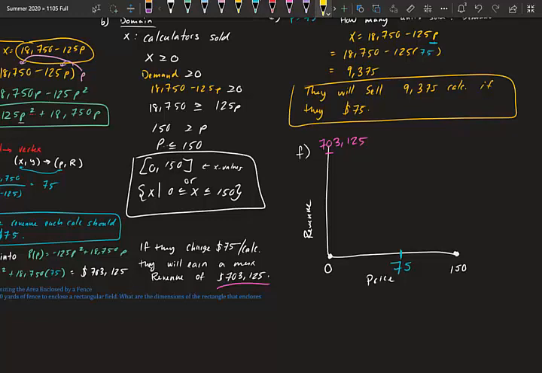So we have our vertex right up here. And from here, we're just going to connect the dots. And there's our quadratic. Now, why is revenue quadratic in form? Because if you charge too much, less people will buy it. If you charge too little, you won't earn enough money. So that's why it's quadratic.